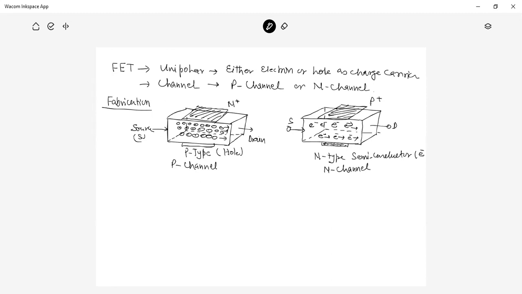You can draw the diagram by including a channel and then the dope.